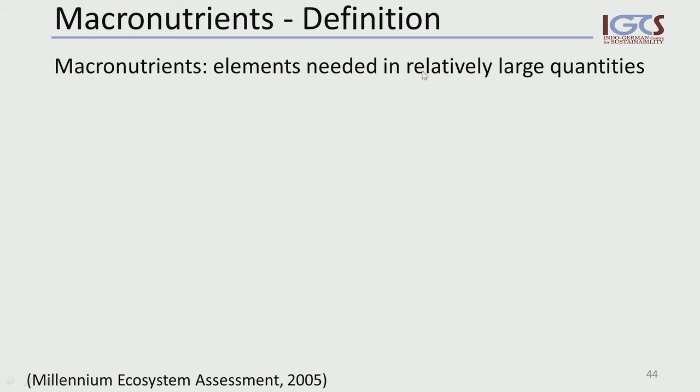When we talk about nutrients, we differentiate between two types. One is the macronutrients. Those are elements which are needed by organisms in relatively large quantities.